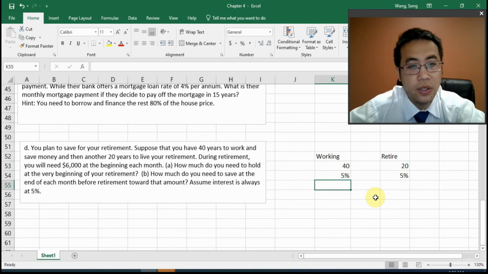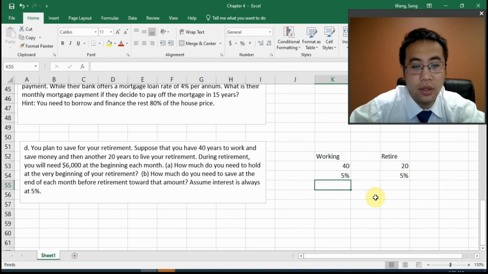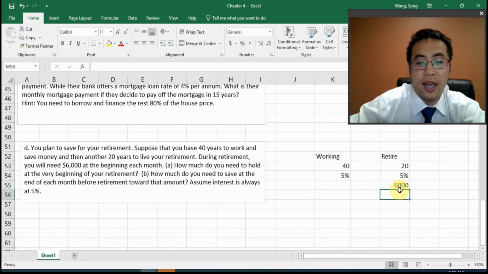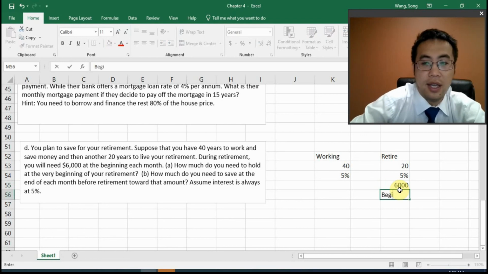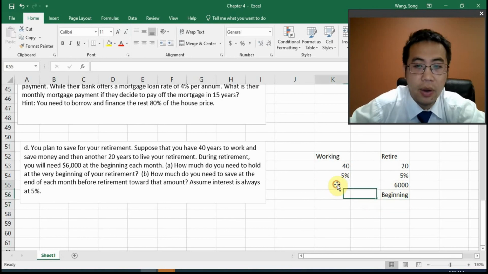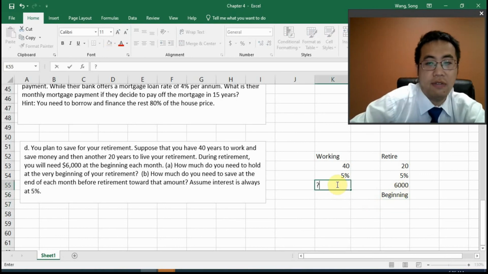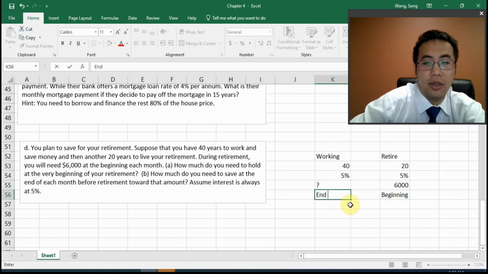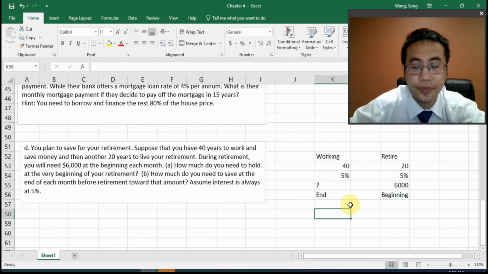And you also need to know that during your retirement, you are spending $6,000 per month, and you are getting the money at the beginning of each month. And you want to know how much you need to save during your working stage, and your payment method is made at the end.